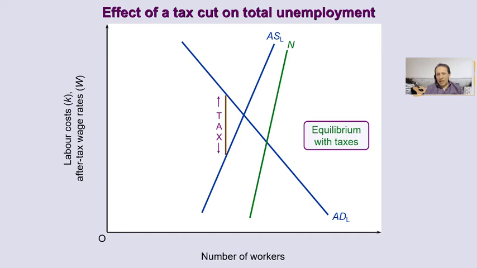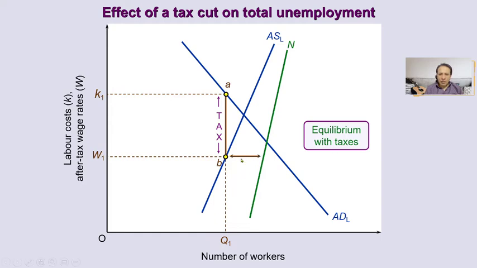Here we have a tax of this size that you can see on this slide, and at this point A we have the real labor costs for the businesses, but the real after-tax wage, the money that we have after taxes, is at point B. So there is a big difference here, and obviously this will give us a quantity of workers in our economy. So this is the effect when we have taxes.